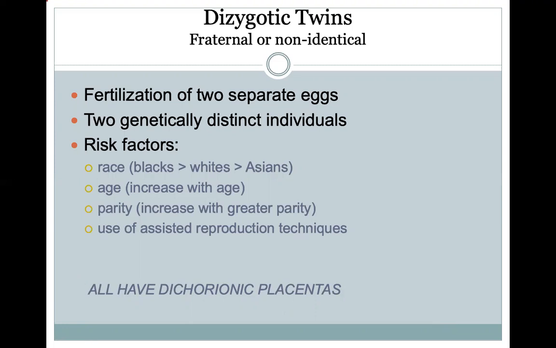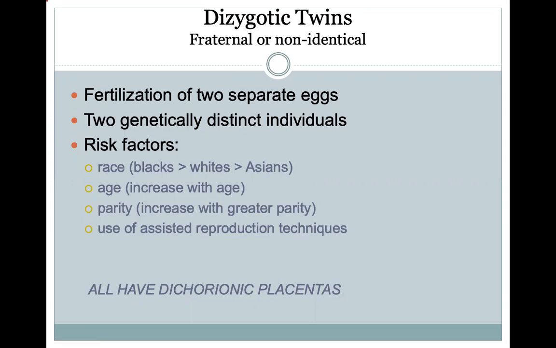The two types of twins that we'll talk about are dizygotic. Lay people know them as fraternal or non-identical twins. And it literally is fertilization of two separate eggs, so it's two genetically distinct individuals. This is the type of twins that varies depending on different risk factors.